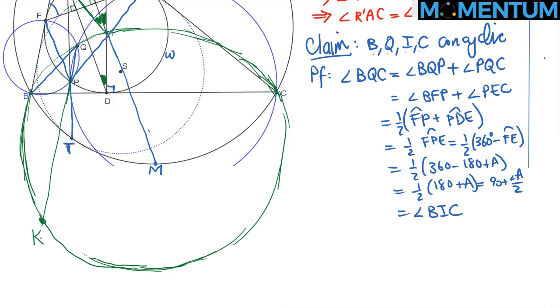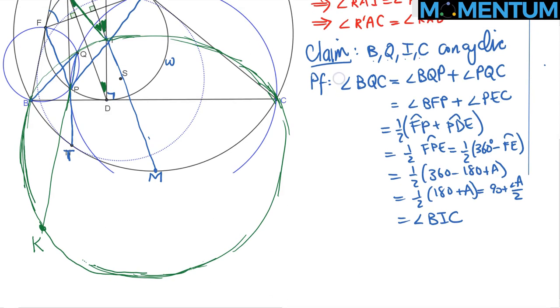Well, you can easily do some angle chasing, so that's our next claim actually. I can write it right here. I don't think I will need the space anyways. So I can write it as a claim.